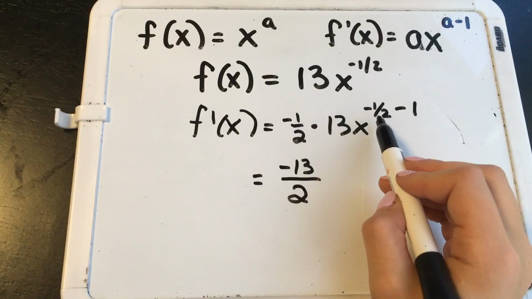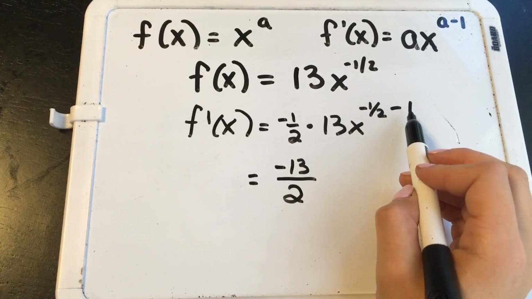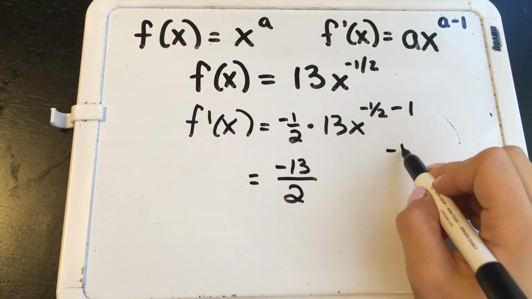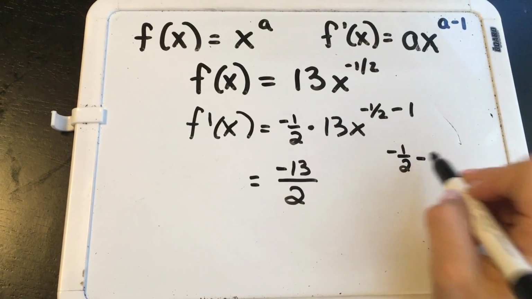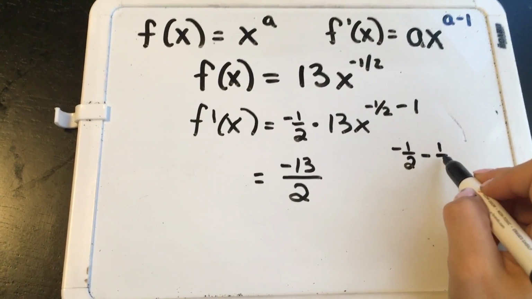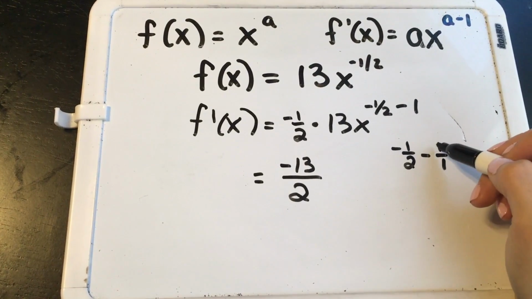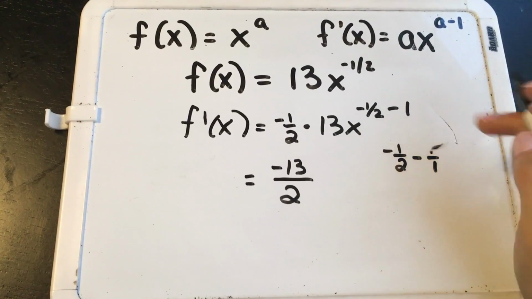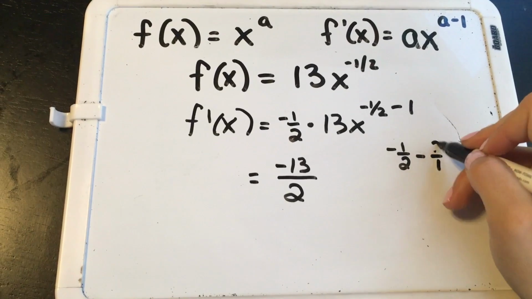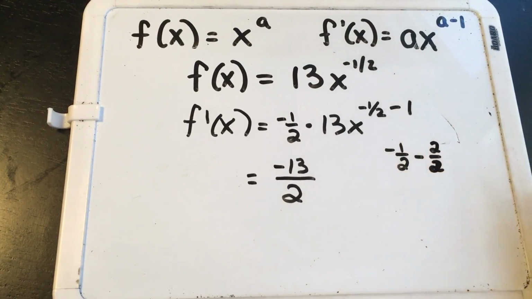What is negative 1/2 minus 1? Negative 1/2 minus 1 over 1, common denominator, this becomes 2 over 2.